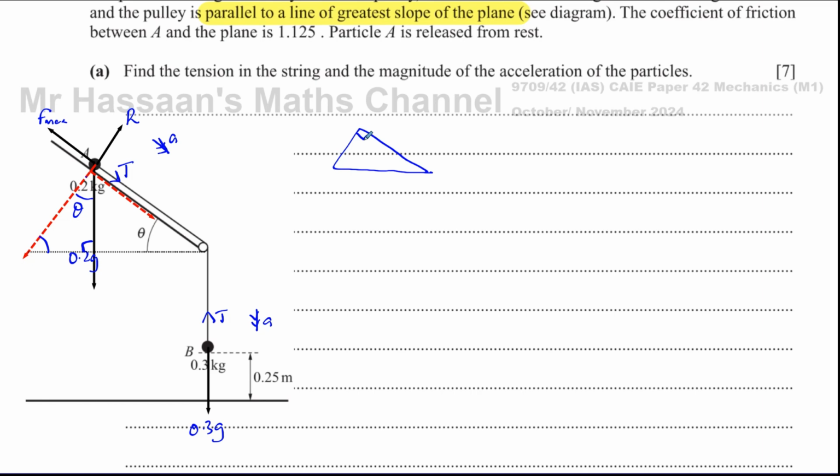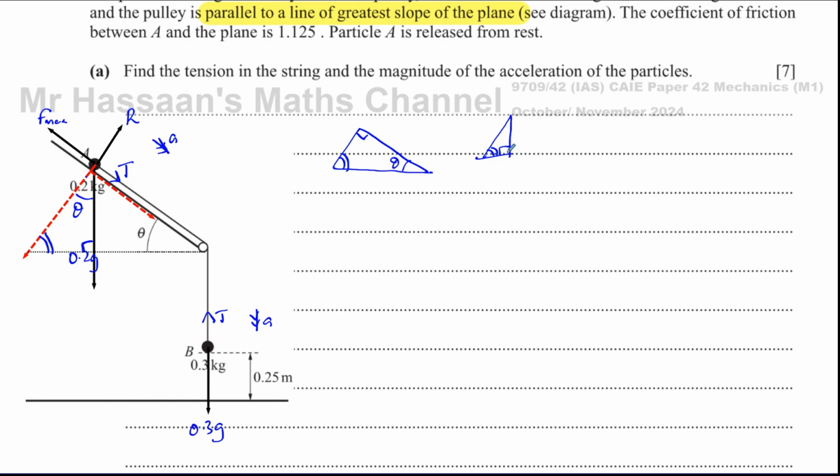It has a right angle, it has this angle theta, and it has an angle here, which I'll put with 2 lines. Then we have the small triangle that looks like this, and it has a right angle and this angle with 2 lines. So these two angles are the same as these two.